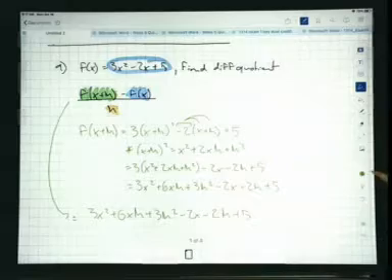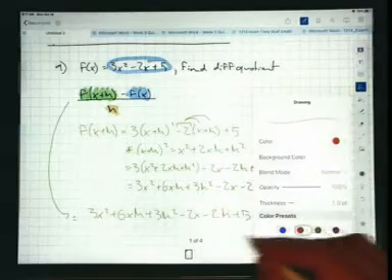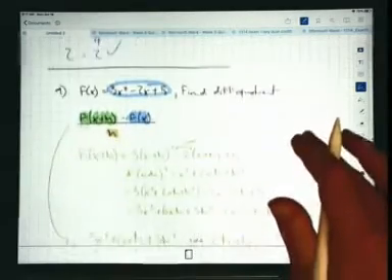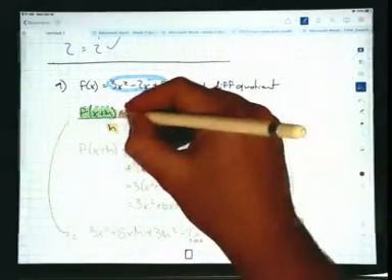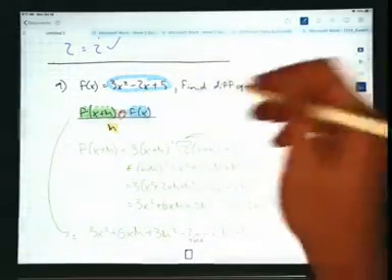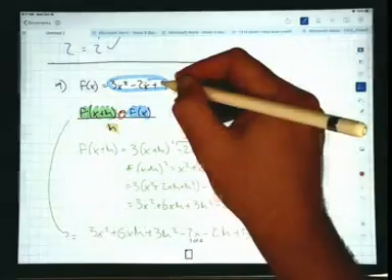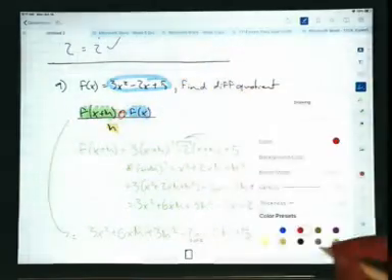Now I want to come back up to our difference quotient. That minus sign is going to change the sign of all of my f of x terms.